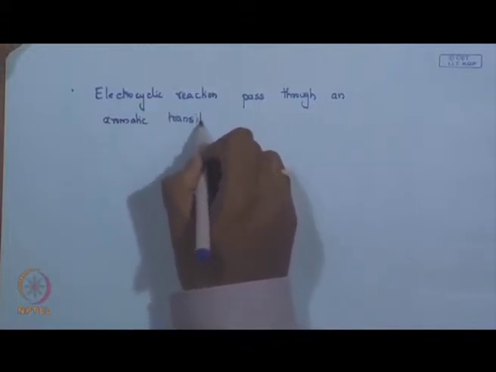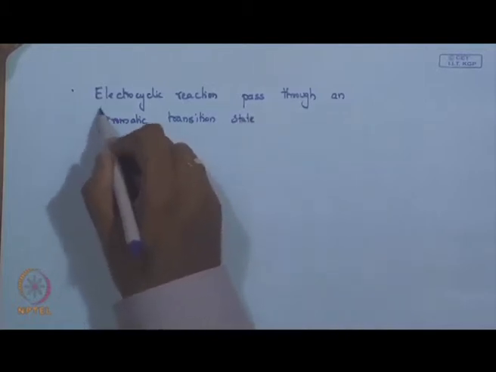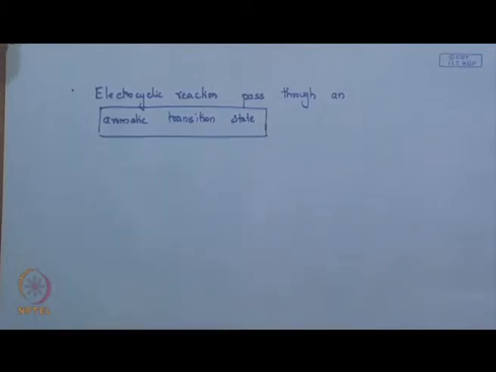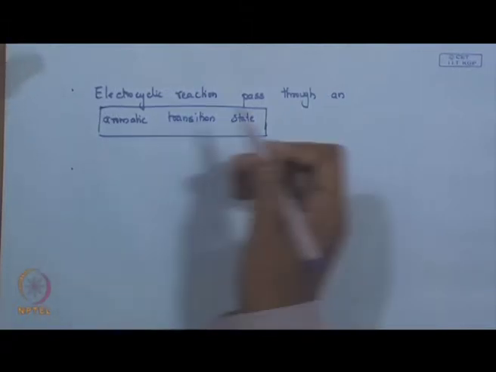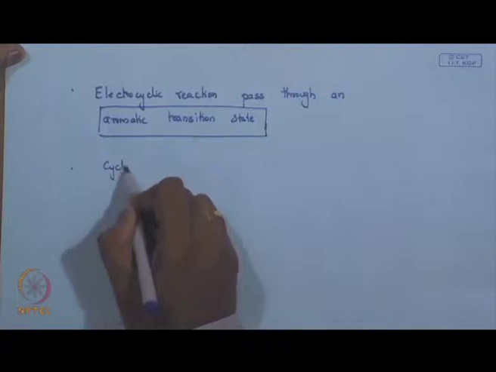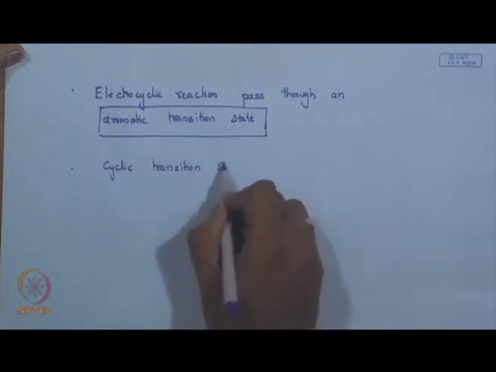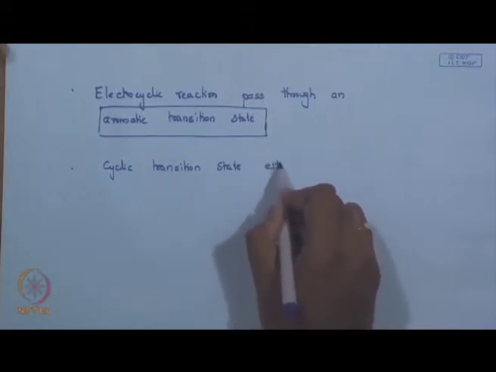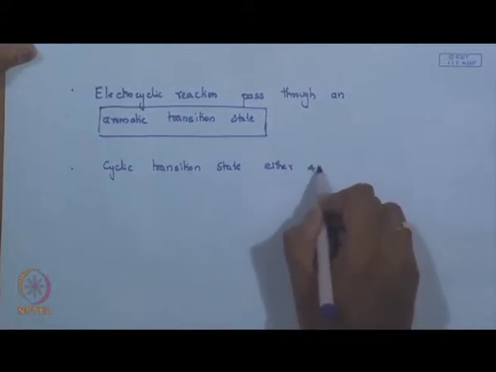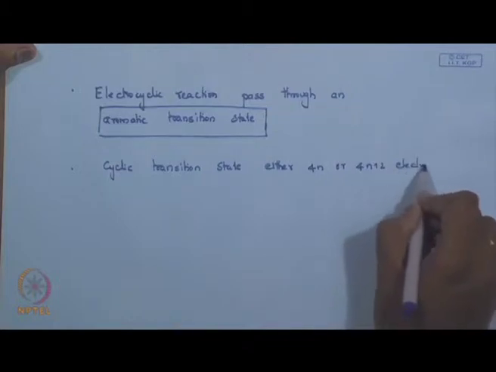If you look at this cyclic transition state, either 4n or 4n plus 2 electrons will be involved.